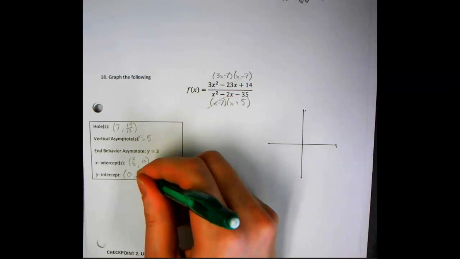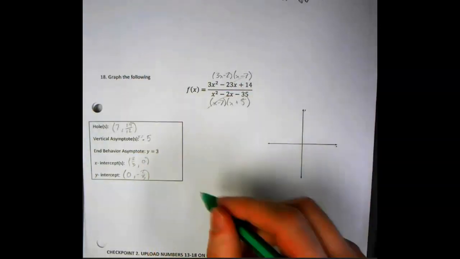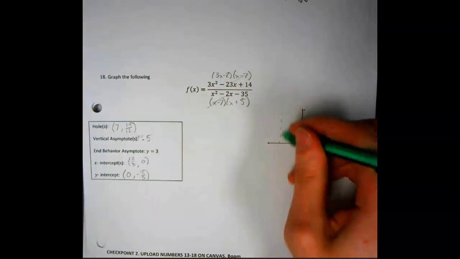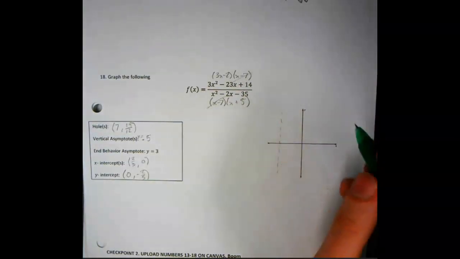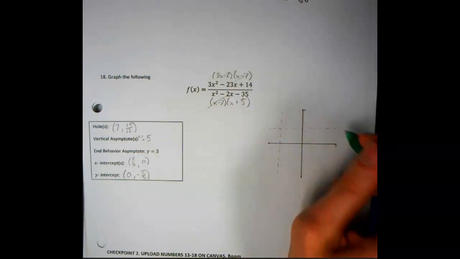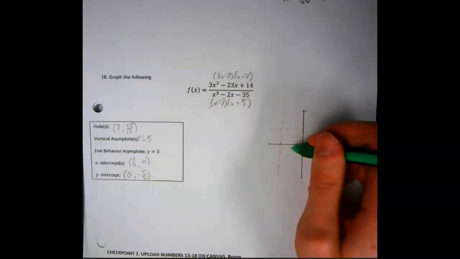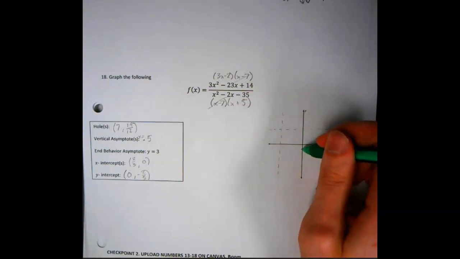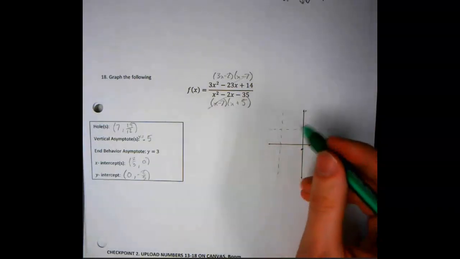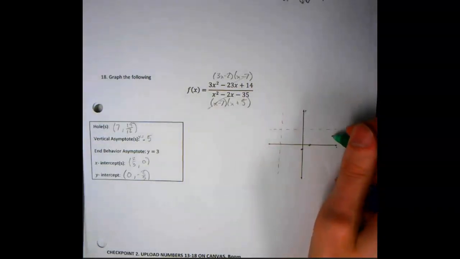If you have any questions on how I got any of these, just reach out and I can help out with that. Otherwise, the graph is going to look something like that for the vertical asymptote. The end behavior asymptote will look something like that. We'll have our y-intercept right about here, the x-intercept right about here, and a hole right about, we'll say, here.